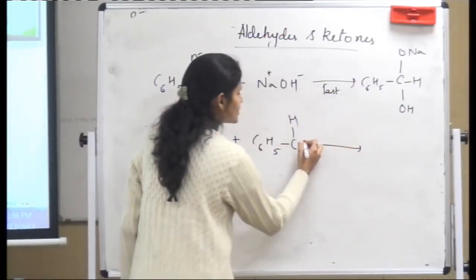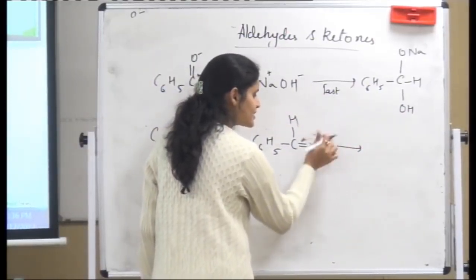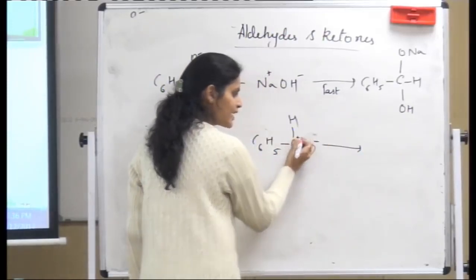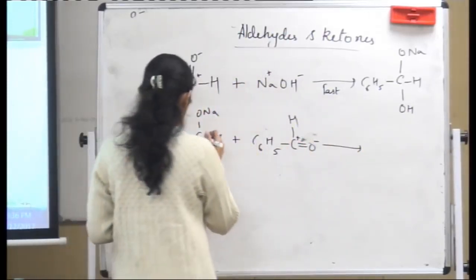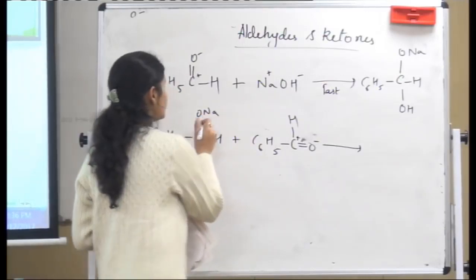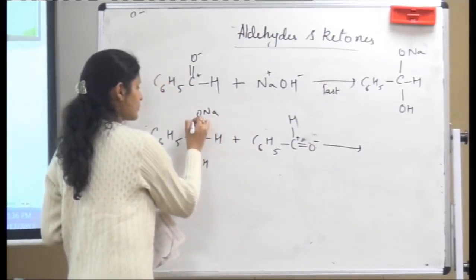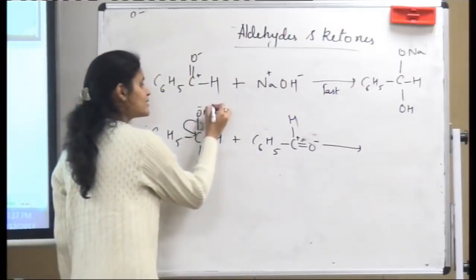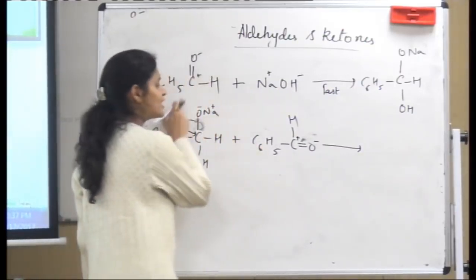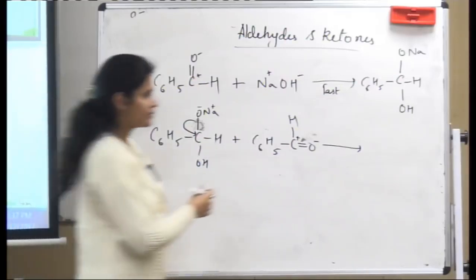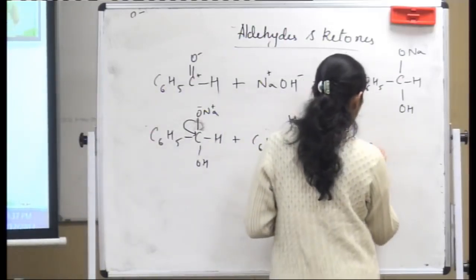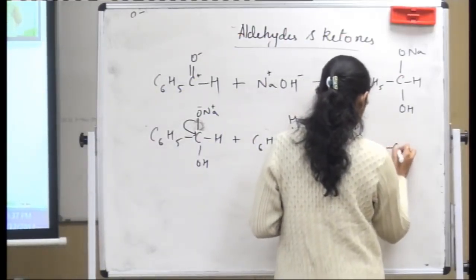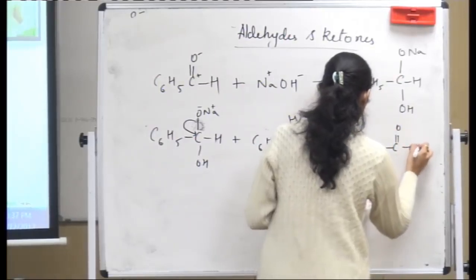How will it react? First, I can again write this as C plus and O minus. What bond will break? This bond will break because this is O minus Na plus. This bond is labile in nature, right? So what would be the product? It would be C6H5COOH.